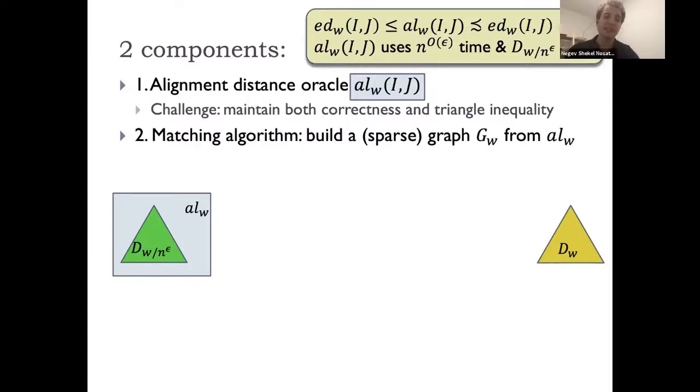And more importantly, we want to create a metric for these substrings of length w. So we want to create a representation for the entire metric, and we want to do it in near linear time. So we need to find a sparse representation, and the sparse representation that we choose is a sparse graph, G sub w, and we're going to use calls to this alignment distance oracle L sub w in order to generate it.